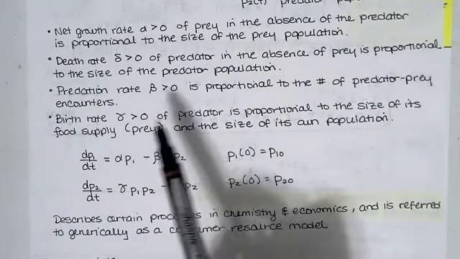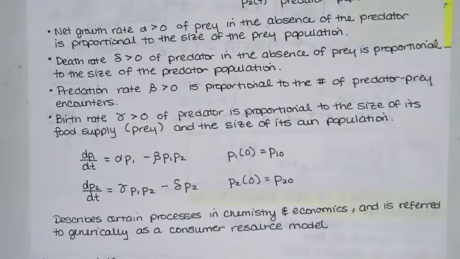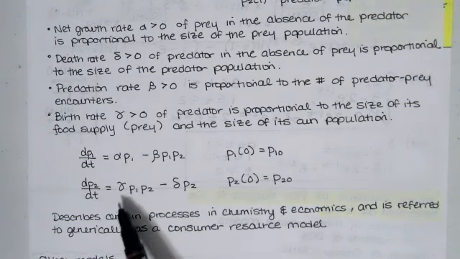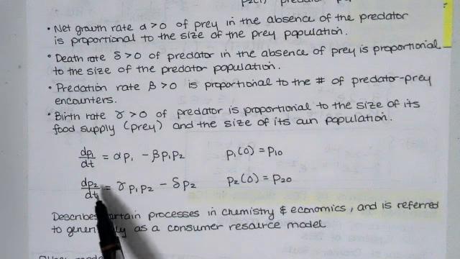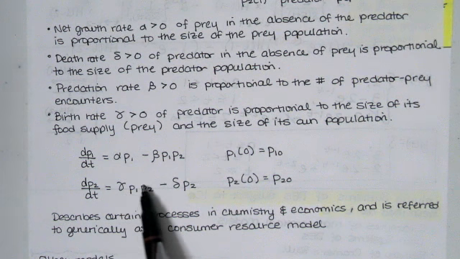So we're saying that this birth rate of predators is jointly proportional to how much food they have to eat and how much of the population they have to reproduce. So that birth rate is gamma.